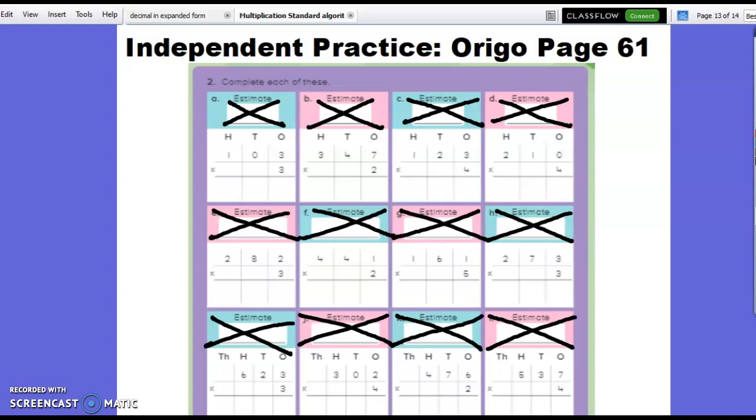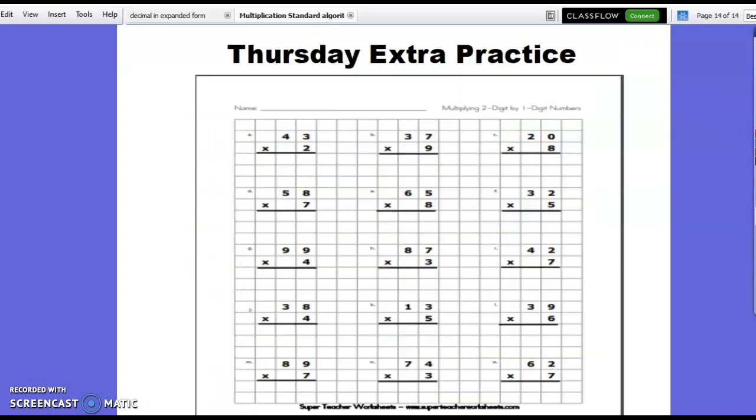So if you're at home and you feel like you're stuck or you're lost or confused, when I check back in with you guys, make sure you tell me where you need help. Then if you're good to go, the last thing that you guys have attached is this part right here, where it's extra practice on grid paper, where you're multiplying just 2 digits by 1 digit. And that is on the attachment on our Google Classroom.